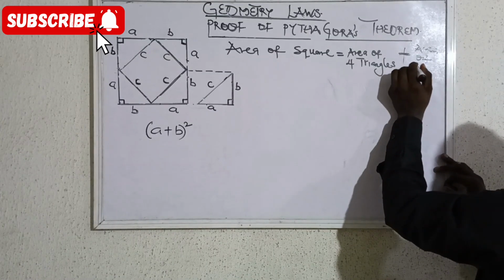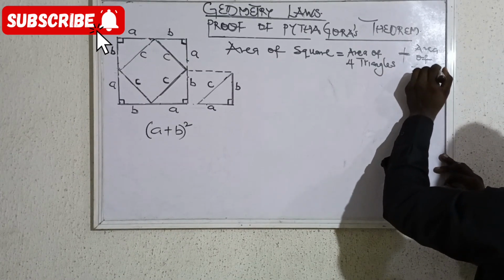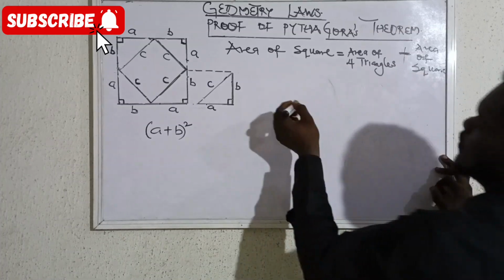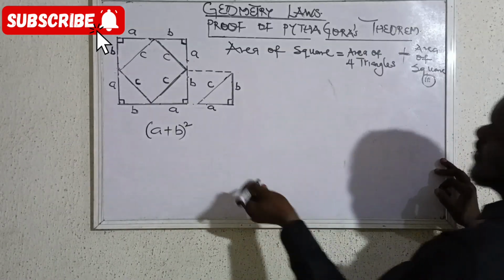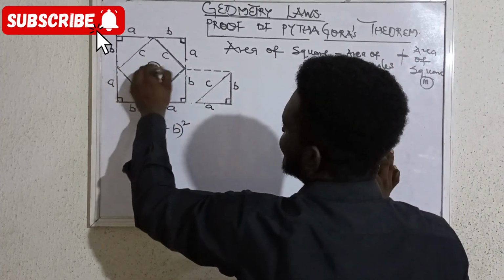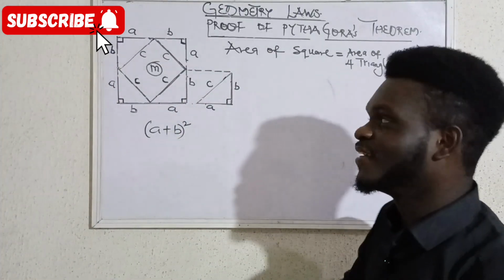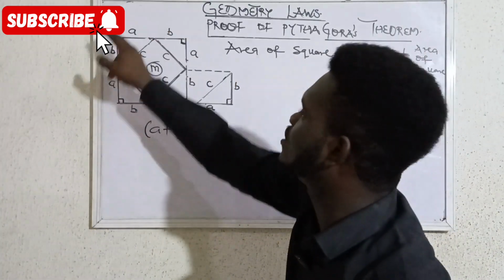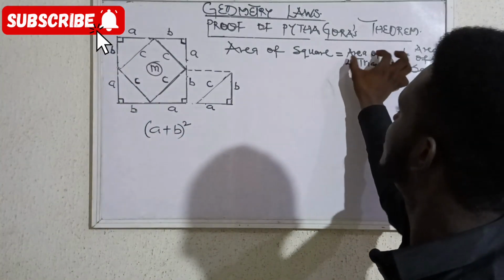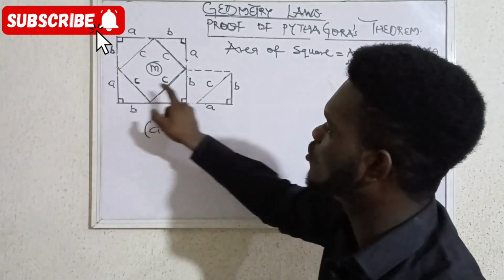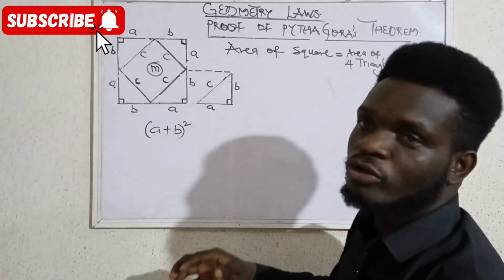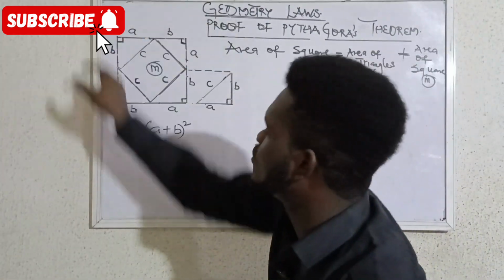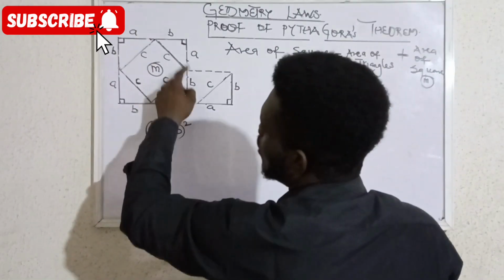Let's just call this one square M. Get what I'm saying now? So the area of this bigger square must be equal to the area of the 4 triangles, 1, 2, 3, 4, plus the area of this small square inside. When you sum them up together, you are going to get the area of this whole square.